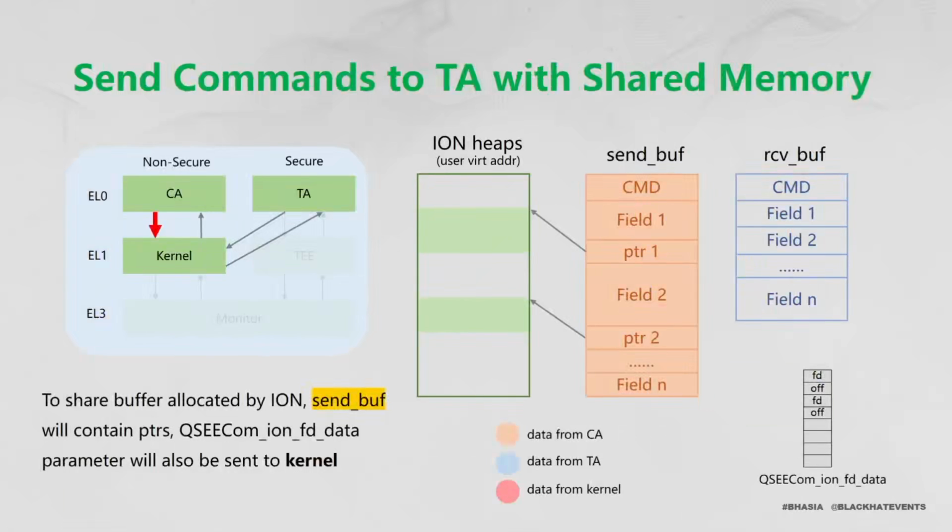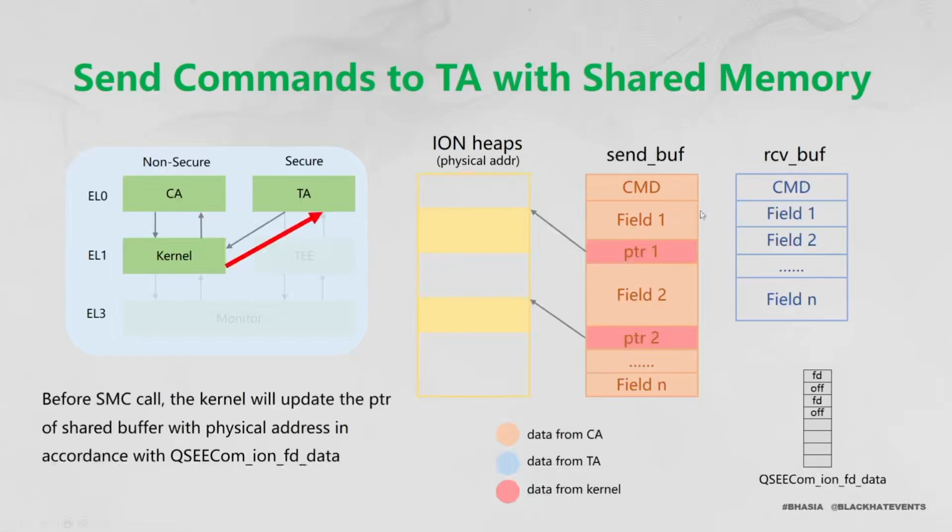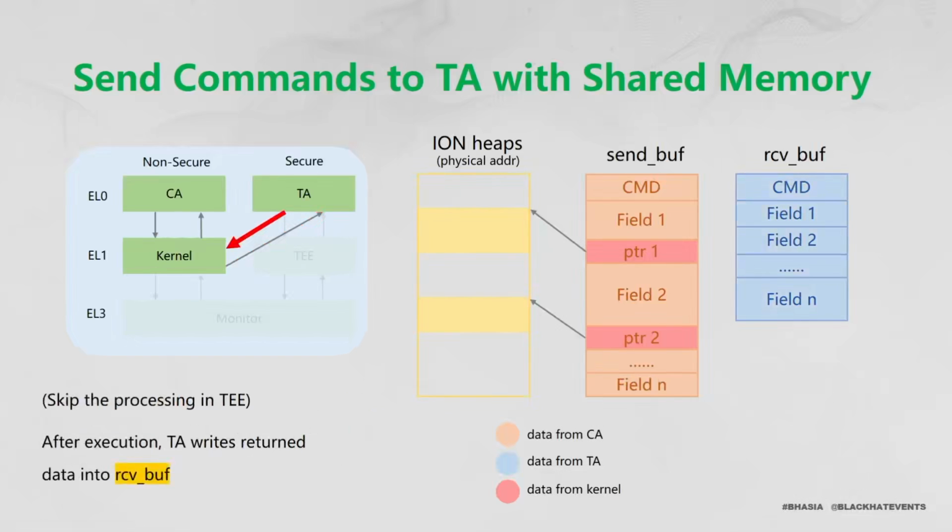It goes from the user space to the kernel, and the kernel will make an SMC call to the TA. But before that, the kernel will translate the virtual address to a physical address in the send buffer. After that, the TA will return with the receive buffer field. And finally, the kernel will return the control to the user space.